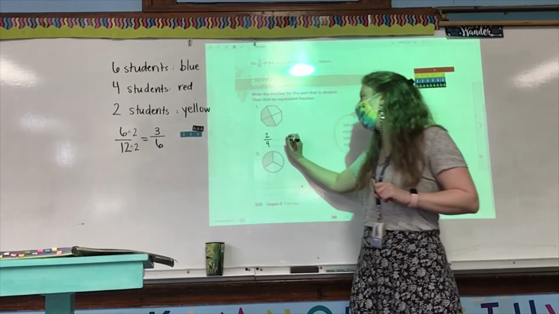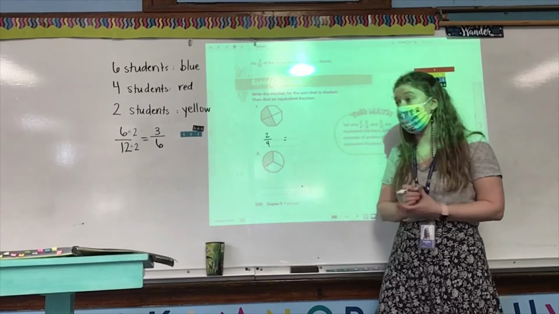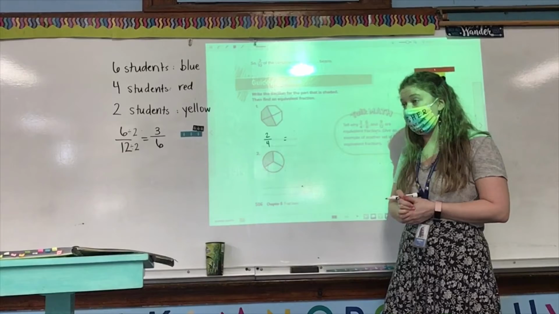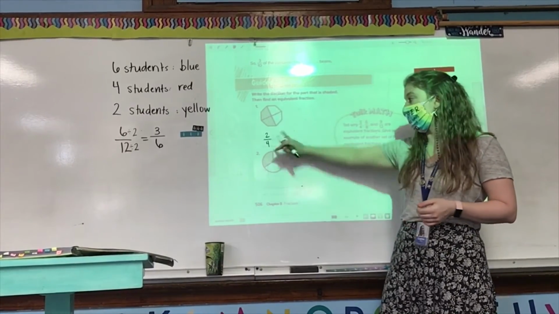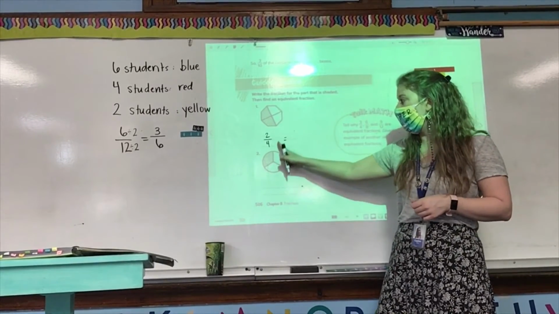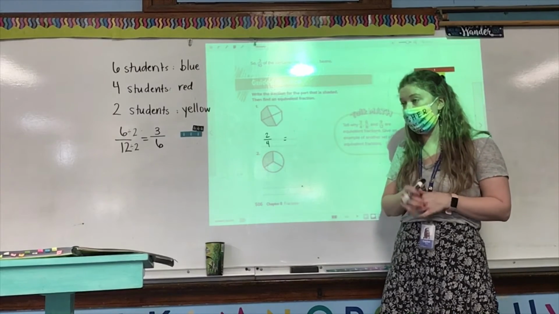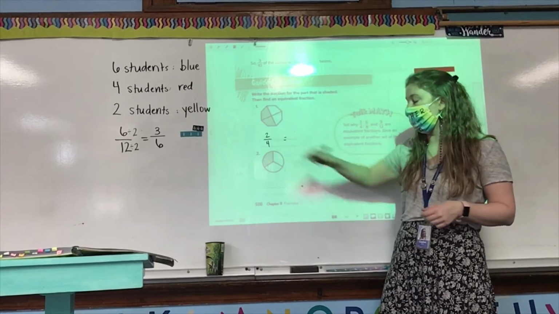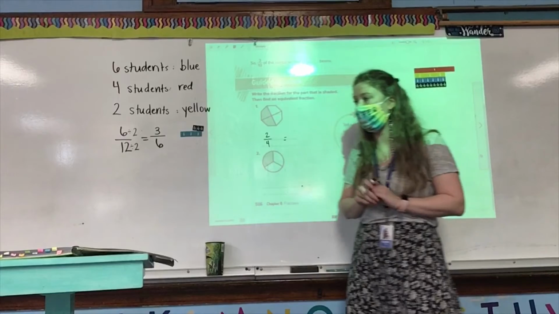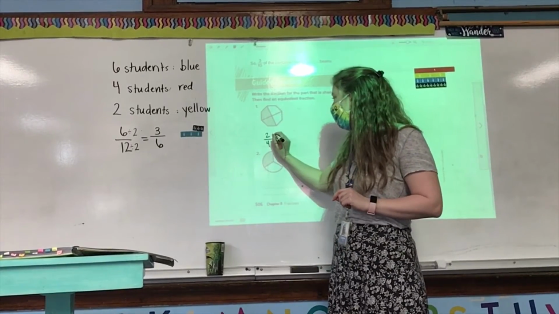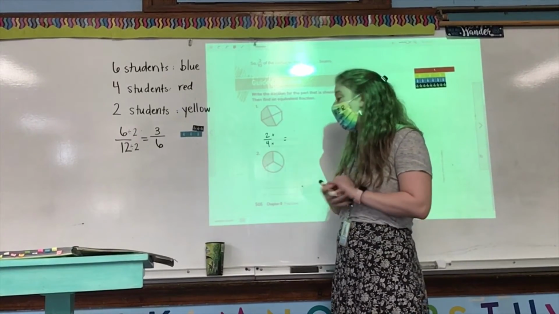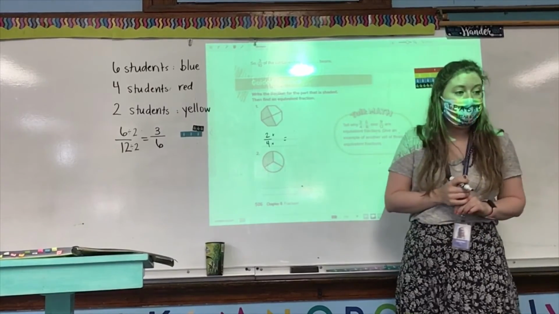2/4. Now we need to find an equivalent fraction. You may choose to multiply or divide. You may choose any number as long as you do the same thing to the numerator and the denominator. So would you like to multiply or divide to find your equivalent fraction? Multiply. So we're going to multiply the numerator and the denominator, each by the same thing.